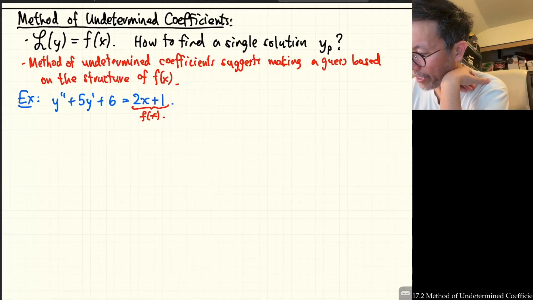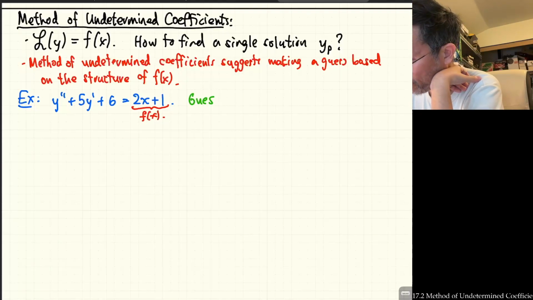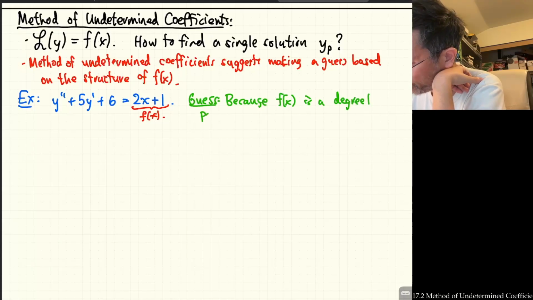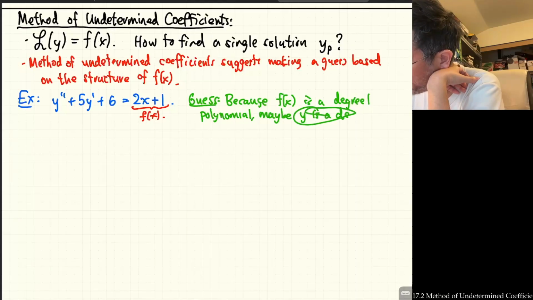You make the following guess. Because f of x is a degree 1 polynomial, maybe y is a degree 1 polynomial. Or maybe I'll say it a little differently.